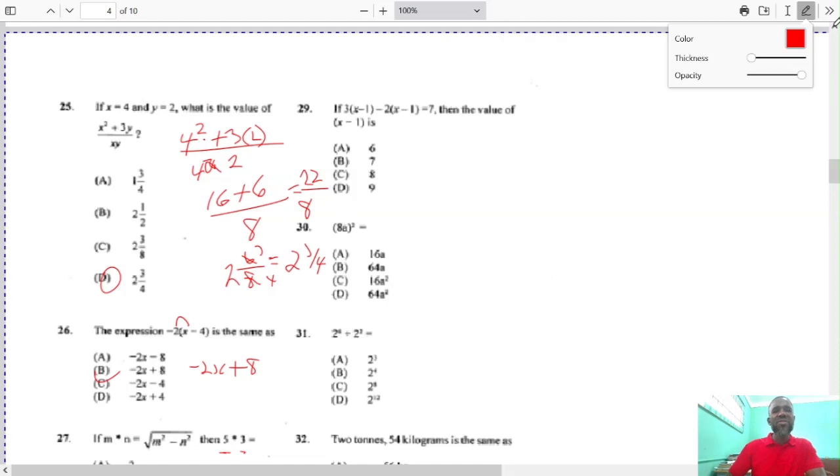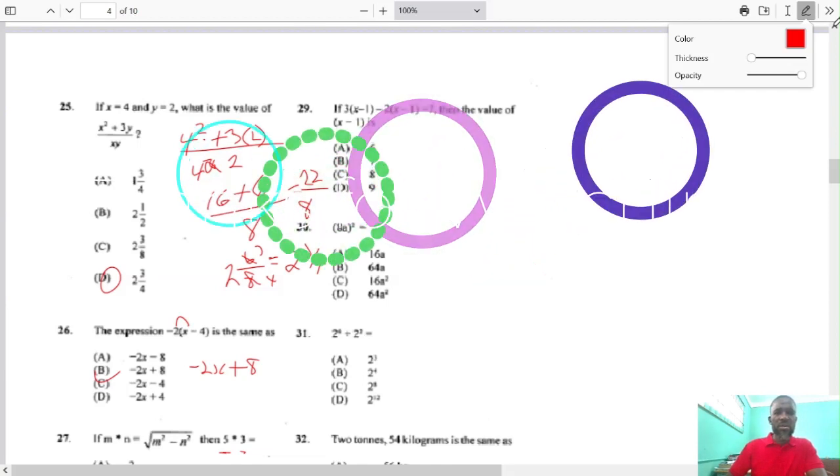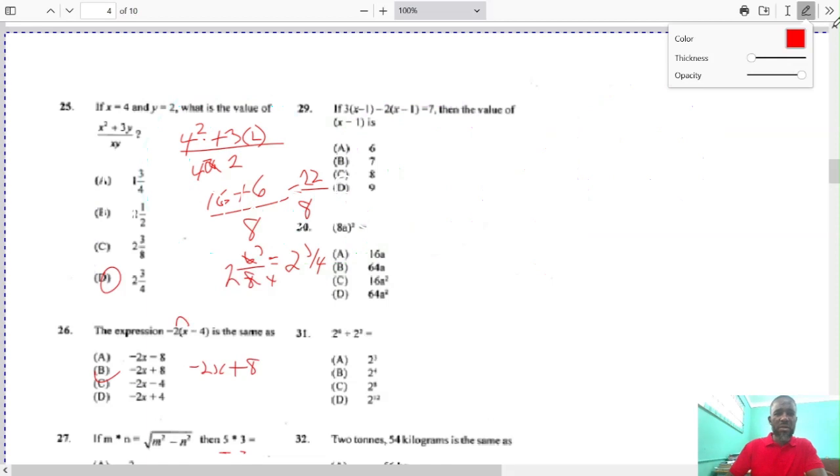So we have, if 3 open bracket x minus 1 minus 2 open bracket x minus 1 is equal to 7, then the value of x minus 1 is equal to, okay, wow. Basically there are 2 ways we could do this. We could expand the bracket, but they want to know what the value of all of x minus 1 is.